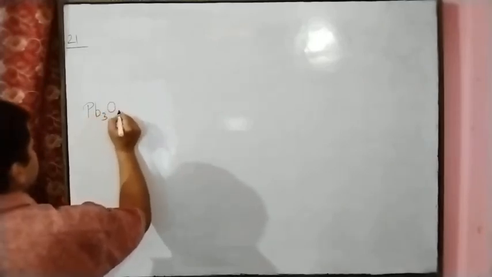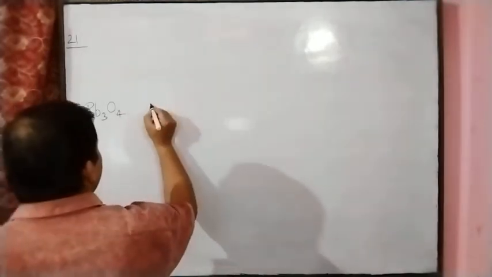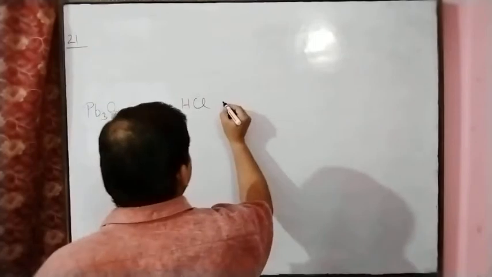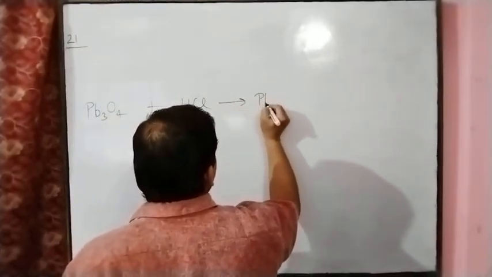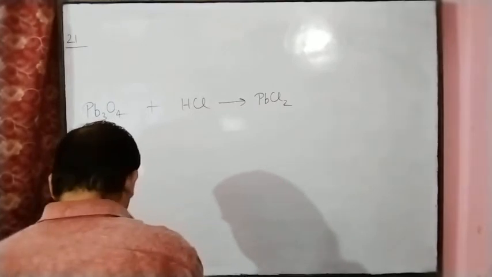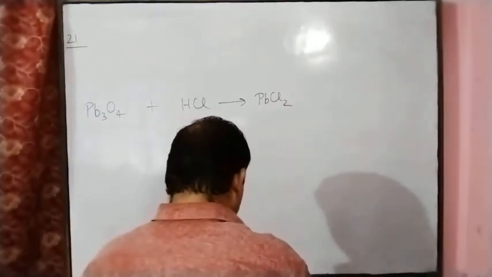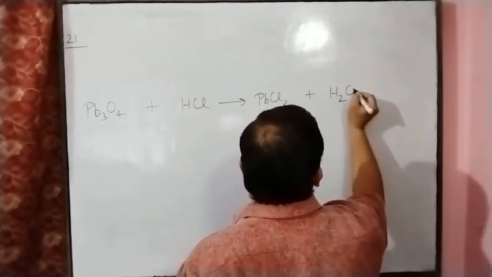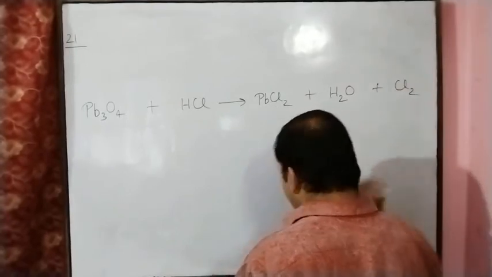So here part number 22, Pb3O4, trilead tetraoxide, Pb3O4 reacts with hydrochloric acid HCl, hydrogen chloride, and gives PbCl2, lead chloride, water and chlorine gas.